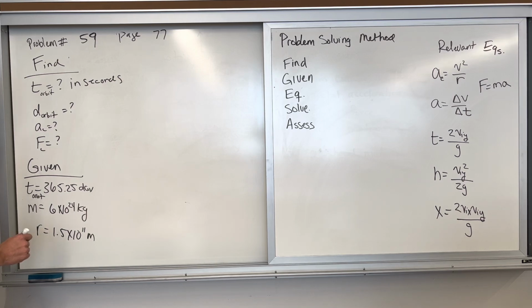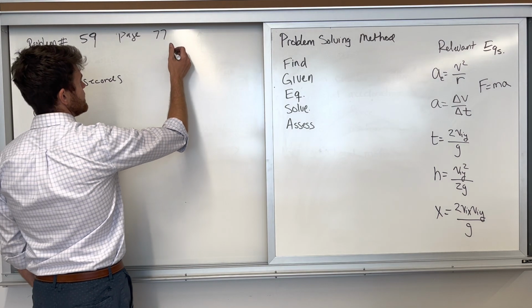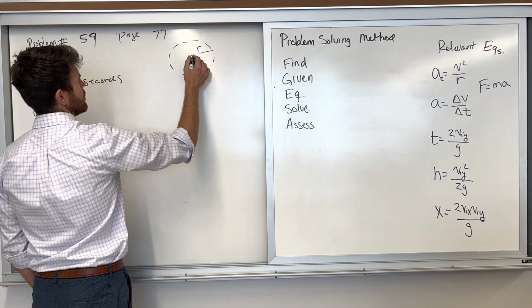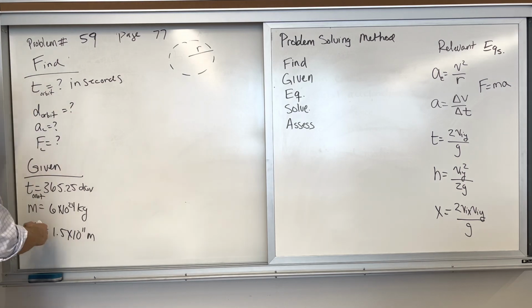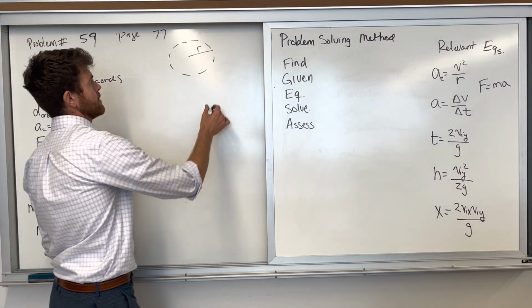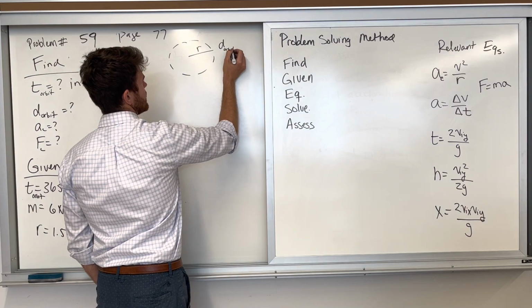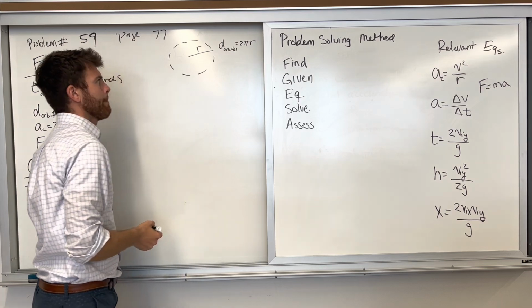Alright. And so equations. To find the orbital time, that's just a conversion from days to seconds. The distance of orbit is going to be the circumference of the circle whose radius is the orbital radius, so the orbital distance is 2 pi r.